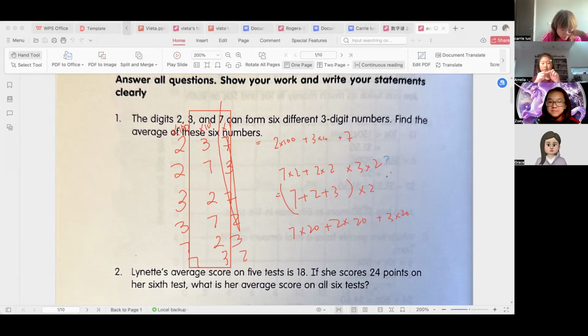Correct? Okay, so this one equals 7 plus 2 plus 3 times 20.